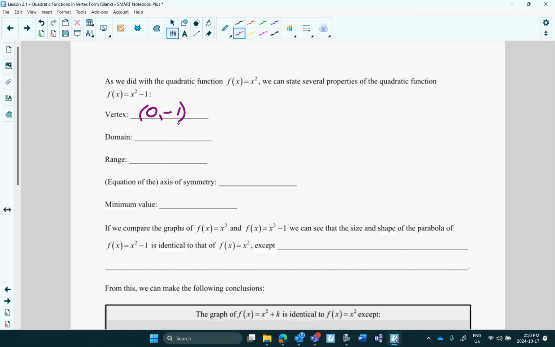What's the domain? Remember I said it's always negative infinity to positive infinity. The range, however, is going to change. What's the lowest y? -1. So the range is -1 to infinity, including -1.